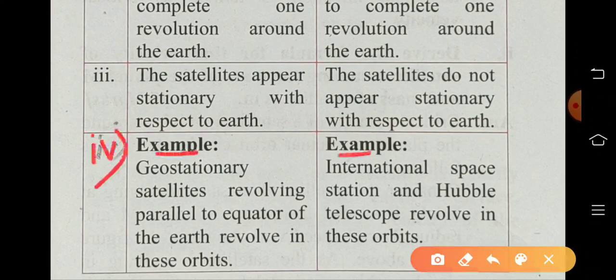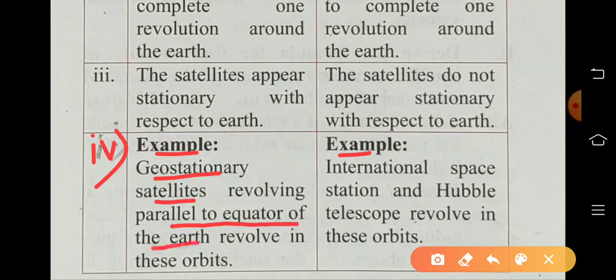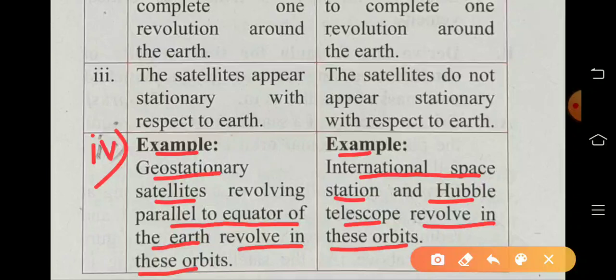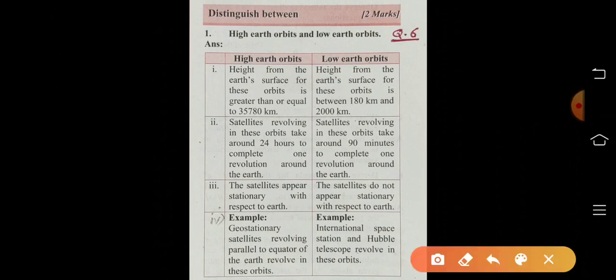Examples are given on both sides. Geostationary satellites revolving parallel to the equator of the Earth revolve in these orbits. And on the right hand side, the International Space Station and Hubble telescope revolve in these orbits. So in this way you are writing the 4 points on both the sides. How many marks are you getting?